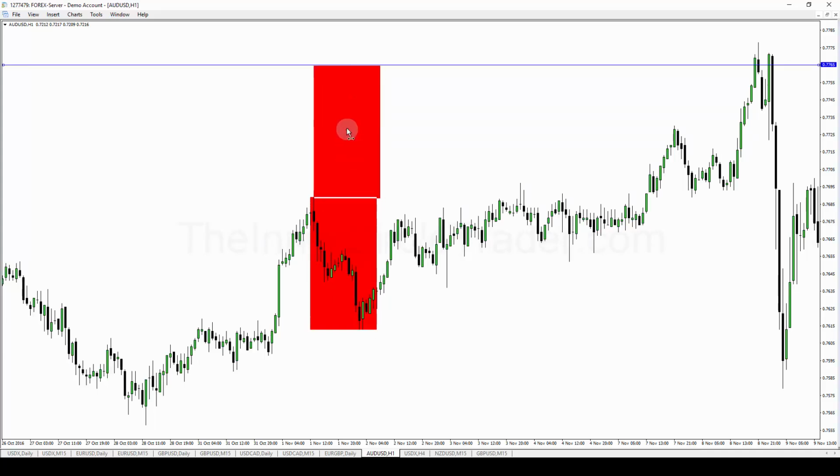And you can see this price swing here projected up gives us pretty close to that level up there.